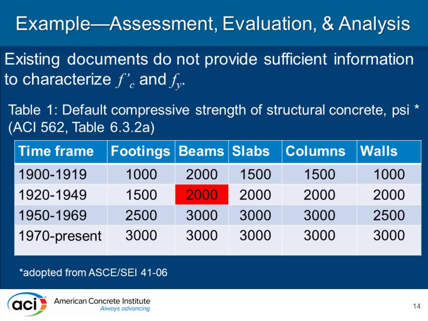For instance, we see footings, beams, slabs, columns, and walls in eras from 1900 until today. What you'll notice is that these are fairly low values, and by their nature, they are generally speaking somewhat conservative, but they would have to be in order to use default values.